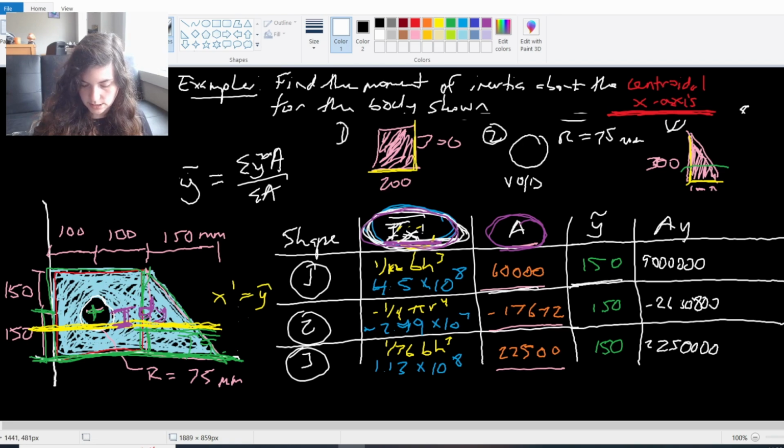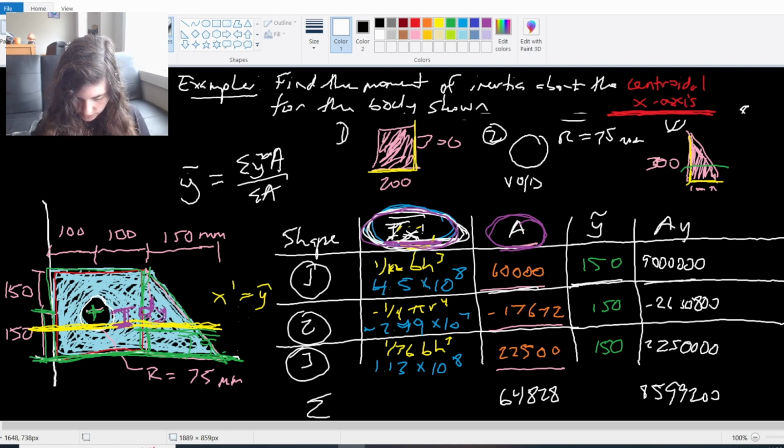So this times this gives me this. So now I just add down the columns. I do my summation. If I add my areas together, I get 64,828. Add my Ays together, I get 8,599,200. And then I plug each of these into my equation up here to find this centroid value.